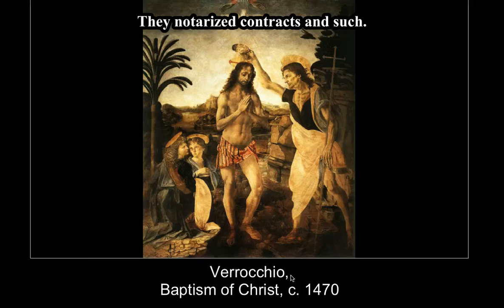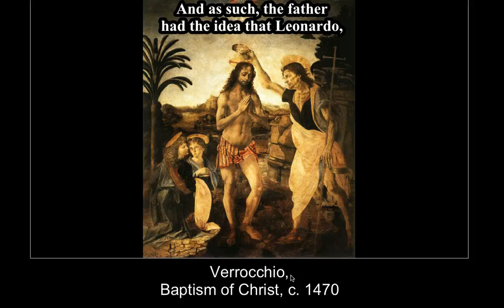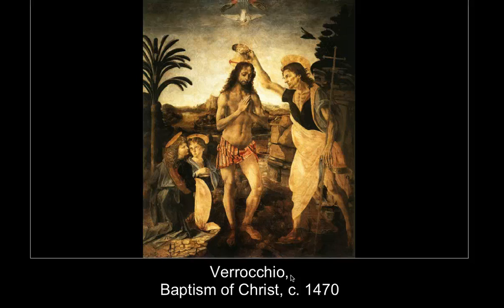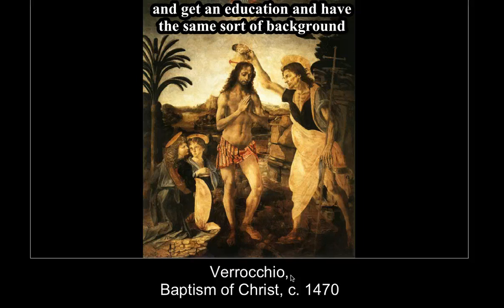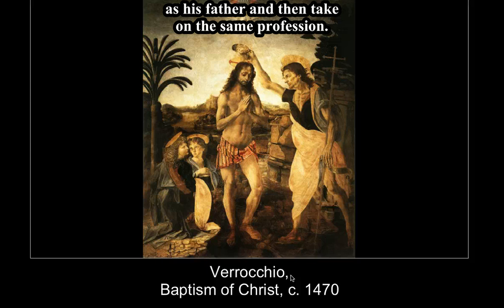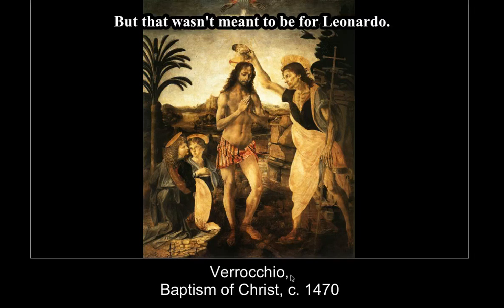They notarize contracts and such. And as such, the father had the idea that Leonardo, normally a son of a notary, would go on and get an education and have the same sort of background as his father and then take on the same profession. But that wasn't meant to be for Leonardo.